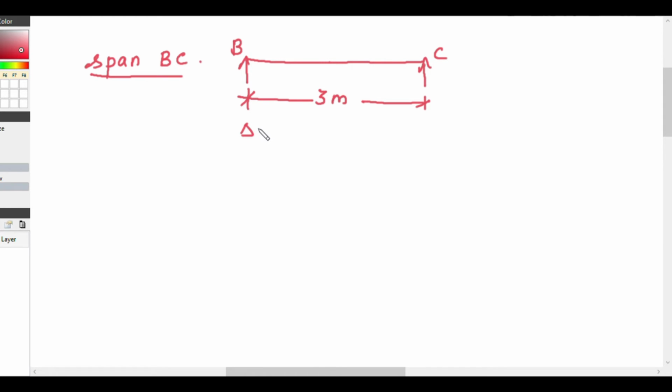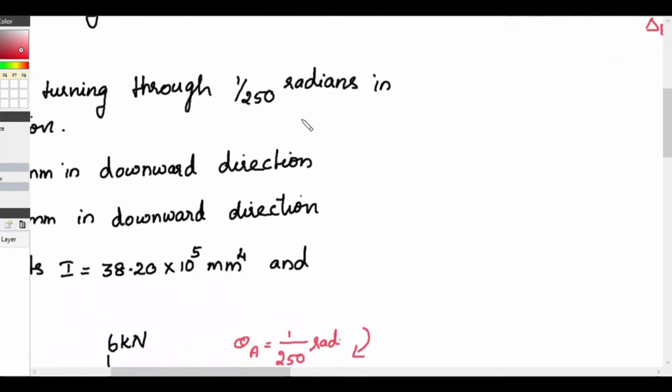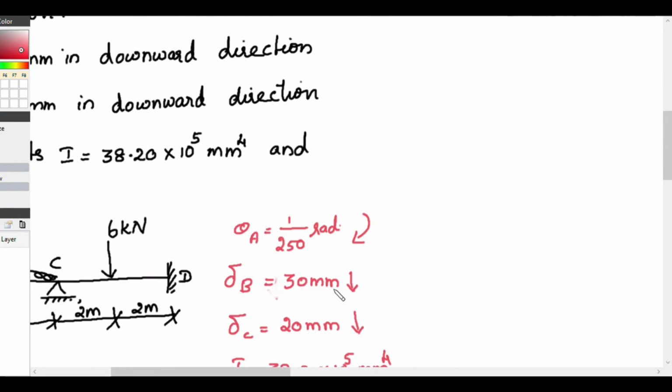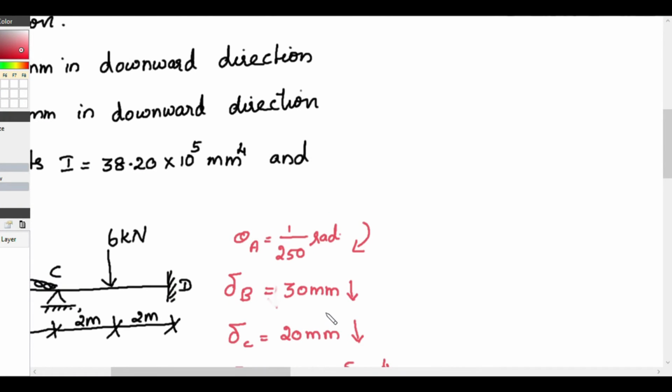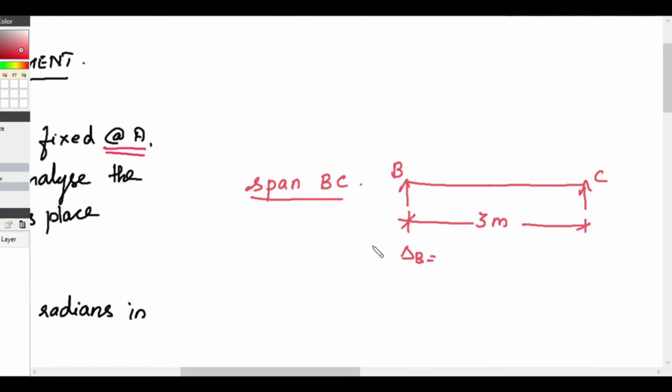B settles by, it is given in the problem, delta B is equal to 30 mm and delta C is equal to 20 mm in the downward direction. So this delta B is equal to 30 mm and delta C is equal to 20 mm.